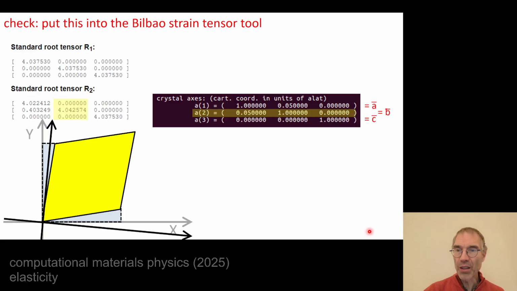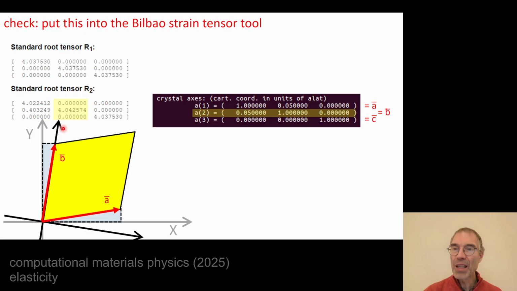And now I rotate the axis system, and if I now look at the vectors A and B in that new rotated axis system, then I see my B vector has just a y component, and the A vector has an x and a y component, where that y component is a bit larger than in the original axis system.